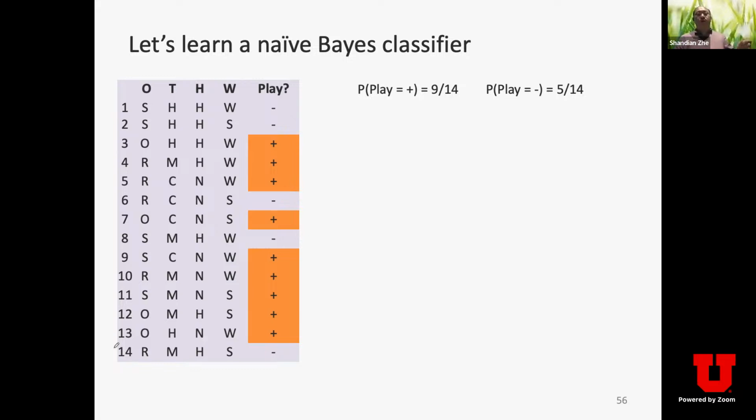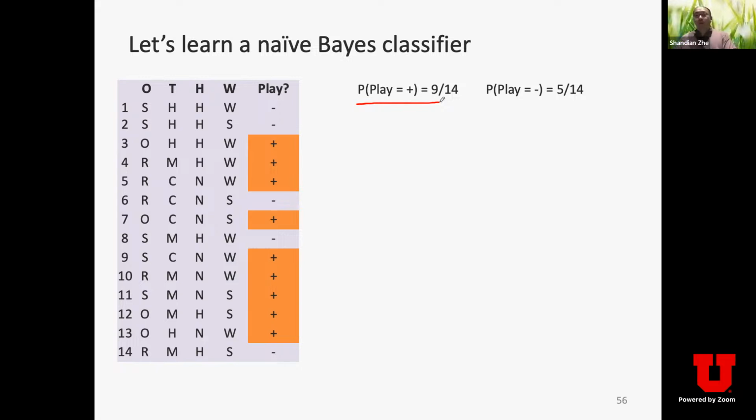As we mentioned, the prior probability for the label taking a particular value is the ratio of that value among all the examples. Among all the 14 examples, we have 9 positive examples. So the prior probability is just 9 over 14. And correspondingly, the prior probability for the negative label is 5 over 14.